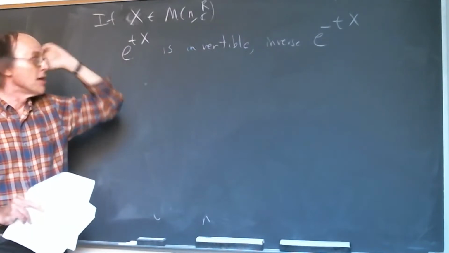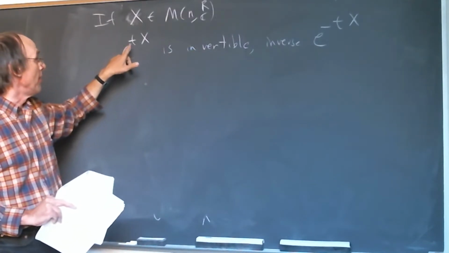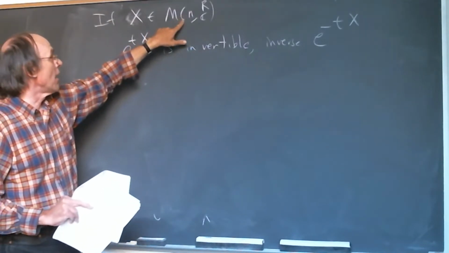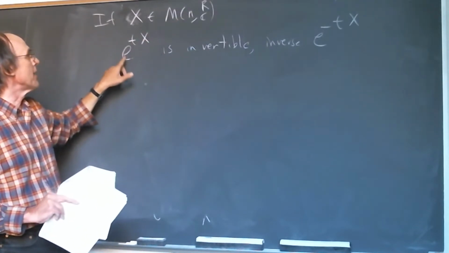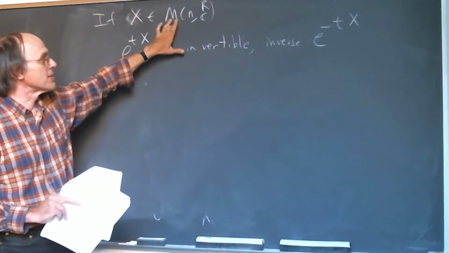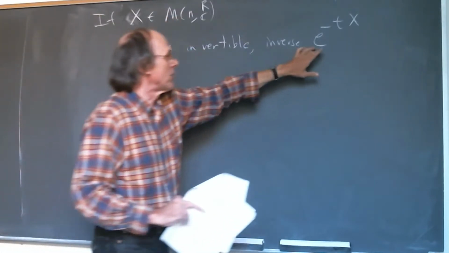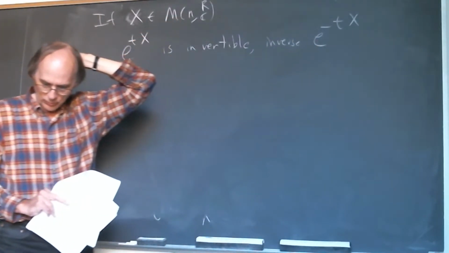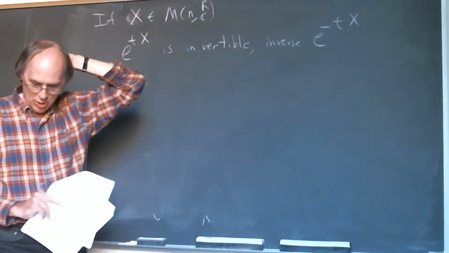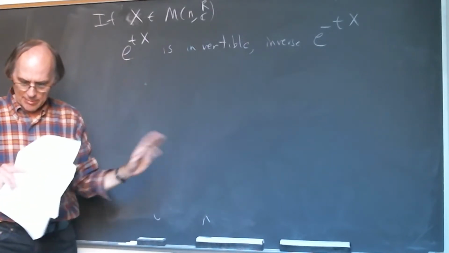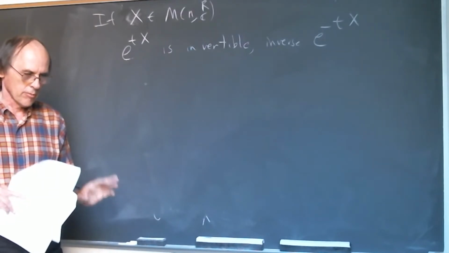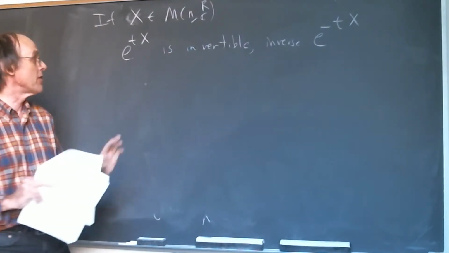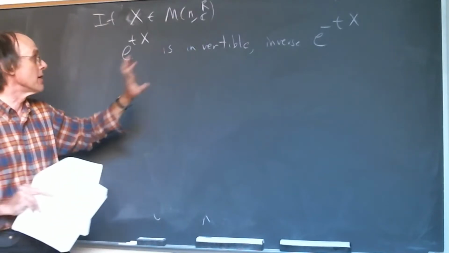So we've shown that if you exponentiate these guys, you get invertible matrices. And I guess maybe that's all I need to say, in my definition of what the algebra is, it's fine.